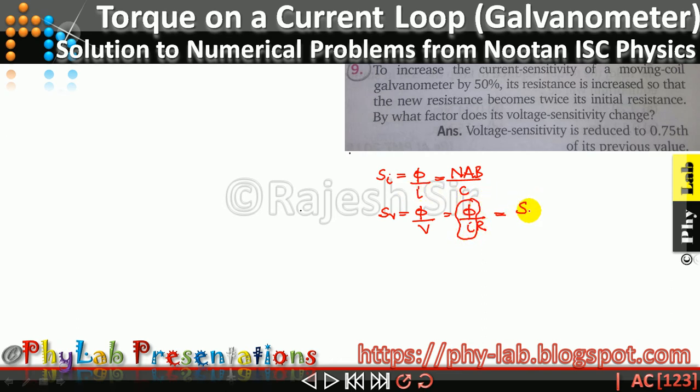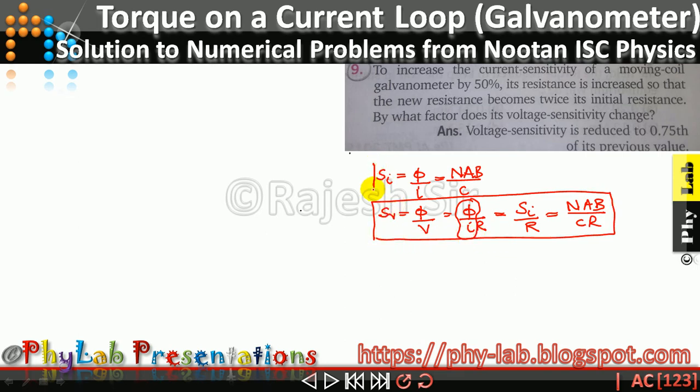SV equals SI upon R, which is equal to NAB upon C times R. These two expressions are quite useful in solving numerical problems number 8 and 9. So please take care about both these expressions, and I would once again remind you to go and watch the solution of numerical problem number 8 from this chapter.